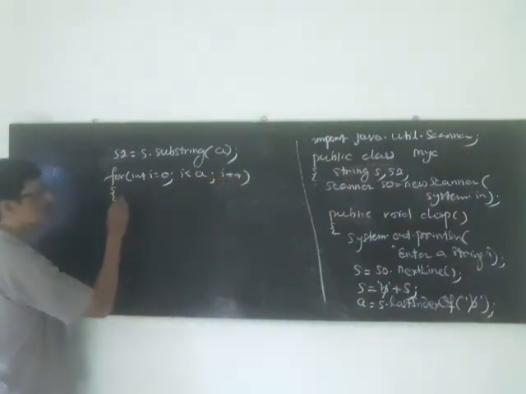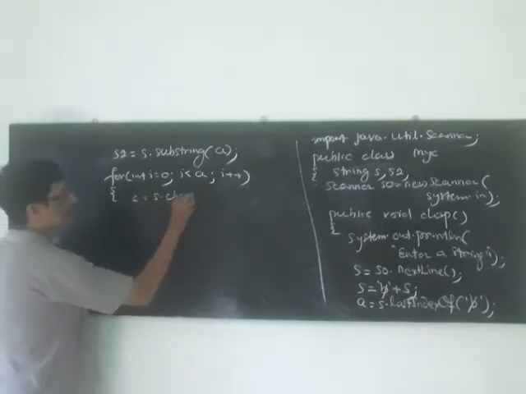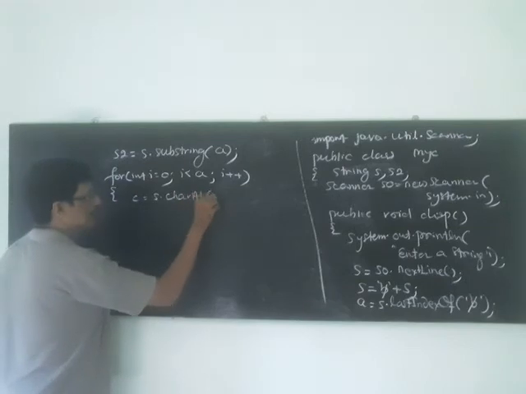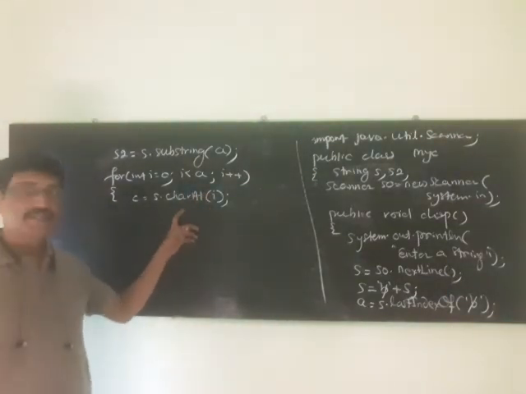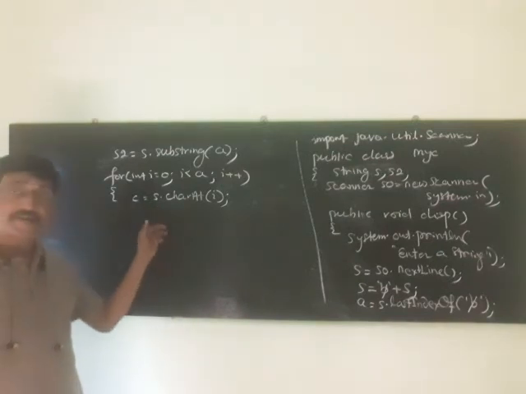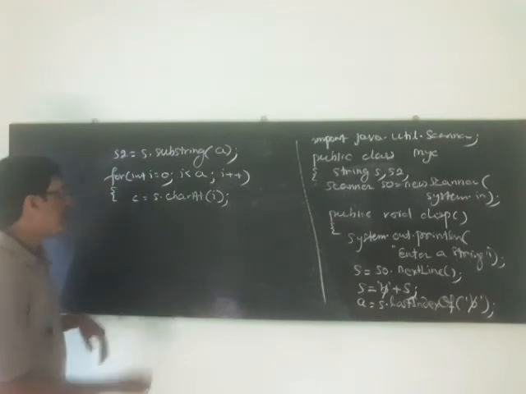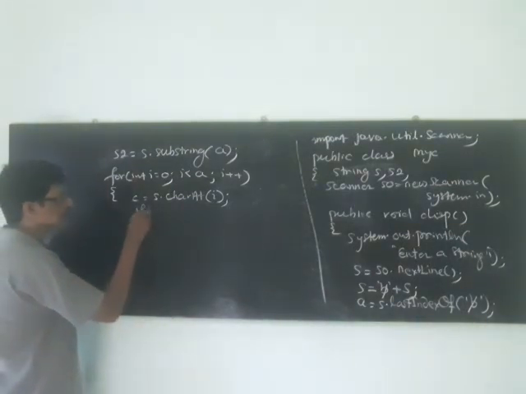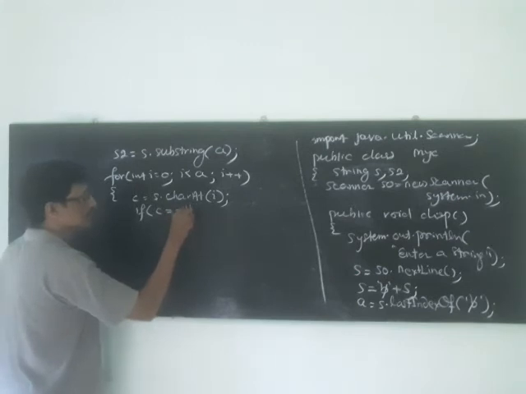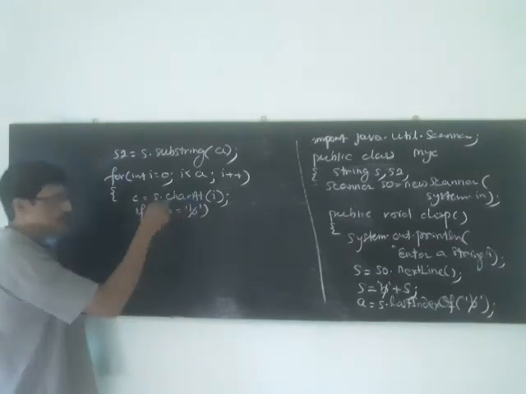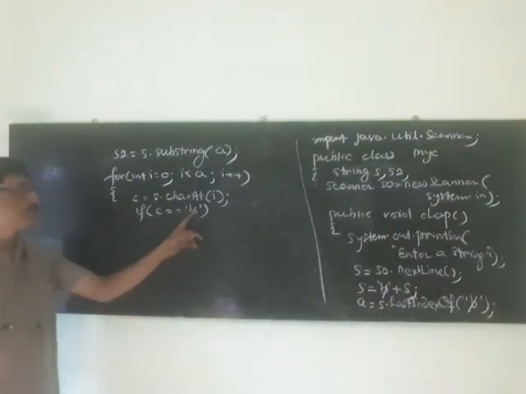Now using the charAt function, you can select c is equal to s.charAt(i). Using the charAt function, you can select one character after another, and you check whether the selected character is a space or not. If c is equal to a space, you can write it with single quotes; this is the symbol for the space character.